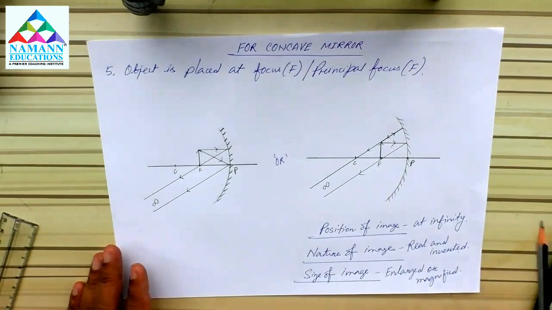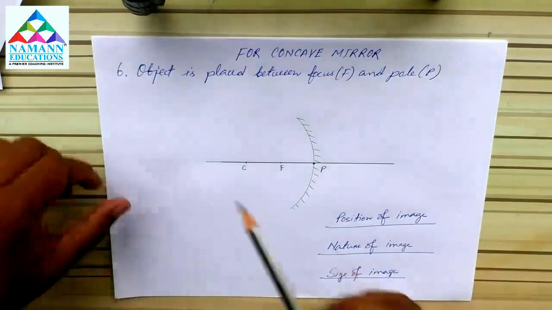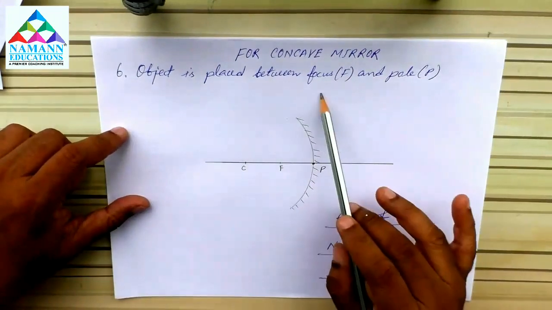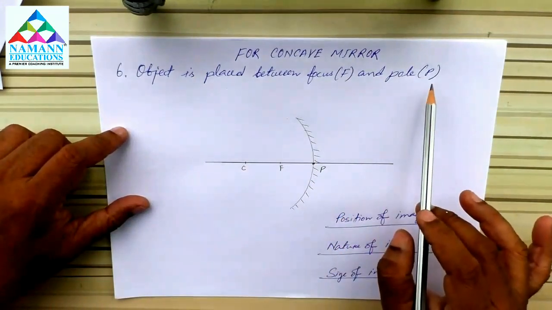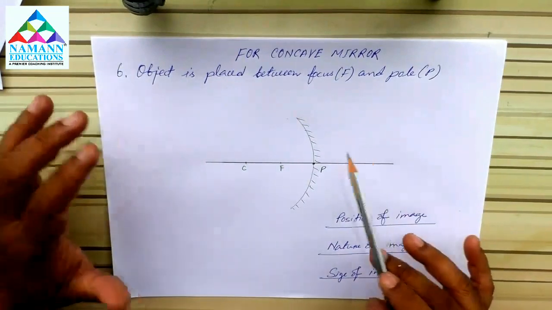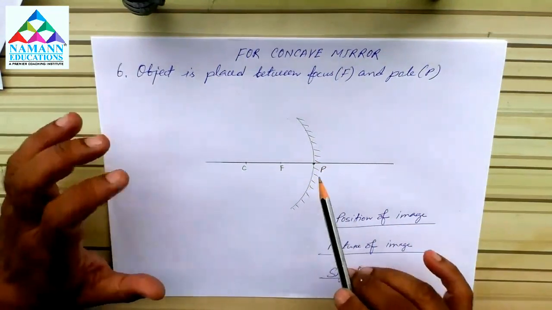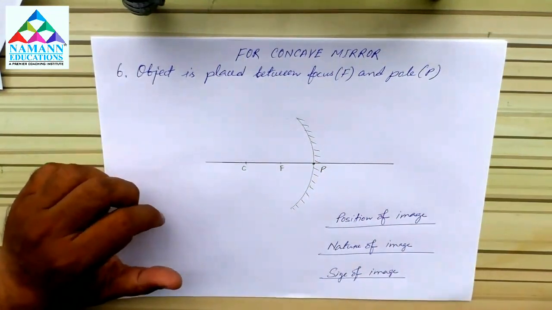In this part we will discuss 6th point, where object is placed between focus and pole, and this is the last diagram for concave mirror, but we will draw this diagram in 2 different ways. This is the first method, where object is placed between focus and pole.